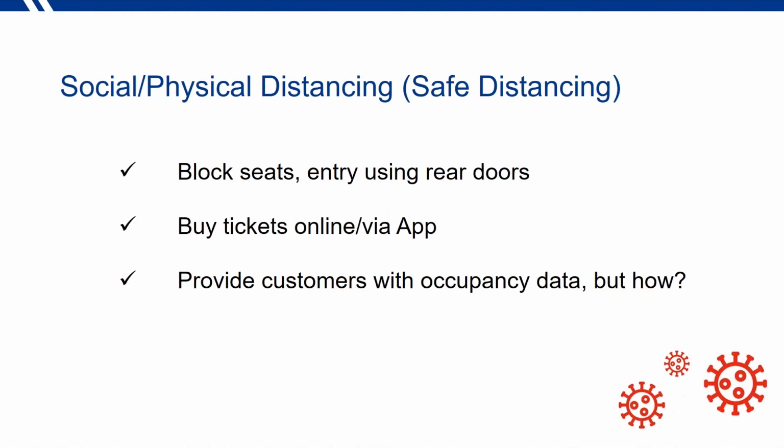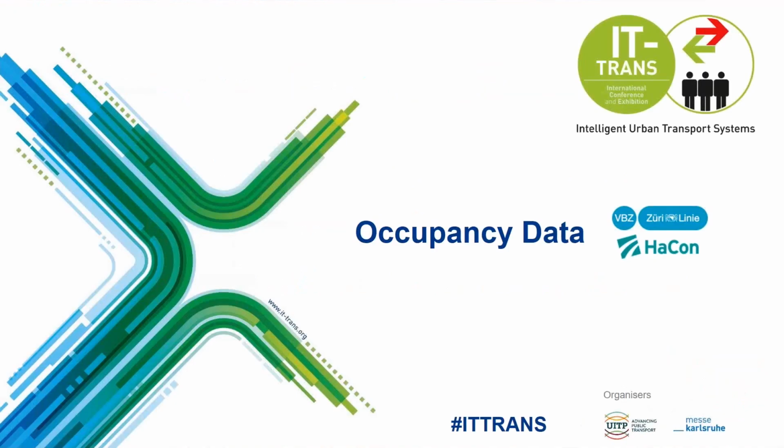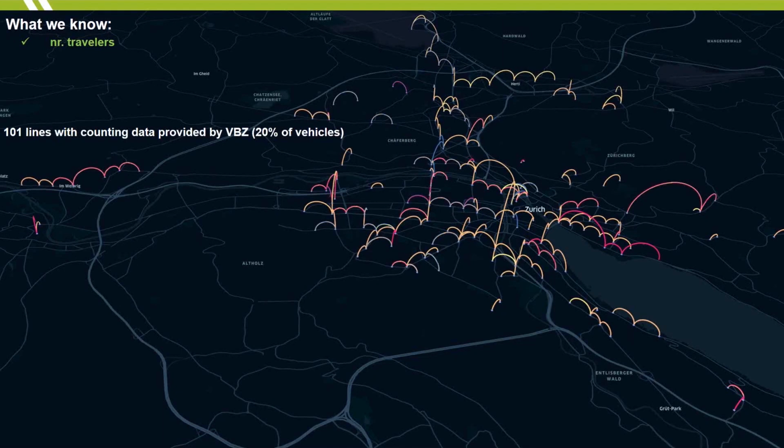So we're going to talk a little bit about what we worked on with the BBZ. Our company HackOn provides trip planners, and we worked with the BBZ to integrate their occupancy data. Let's take a look at what they have. They currently have a passenger counter for about 20% of their vehicles.